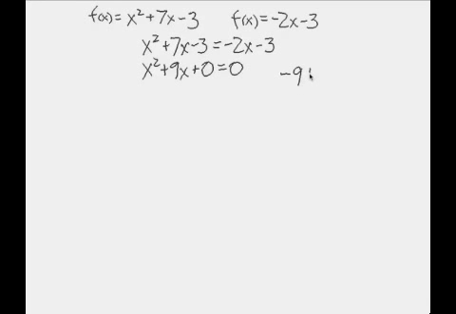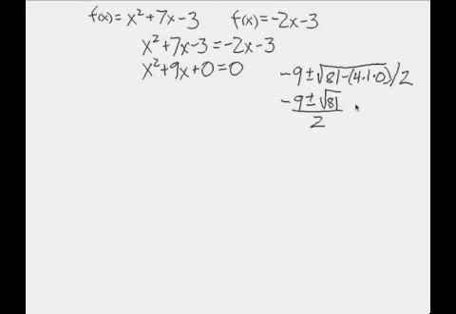So negative 9 plus or minus square root 9 squared, which is 81, minus 4 times a, which is 1, times c, which is 0, all over 2 times a, which is 2. So negative 9 plus or minus, well, 4 times 1 times 0 is just 0. 81 minus 0 is just 81, so square root of 81 over 2.